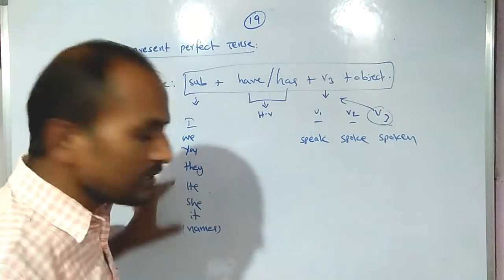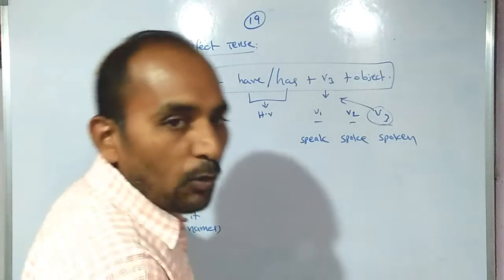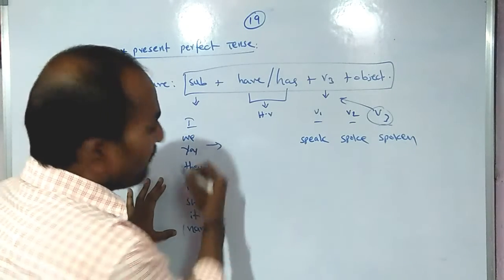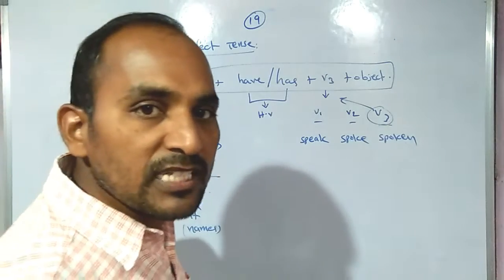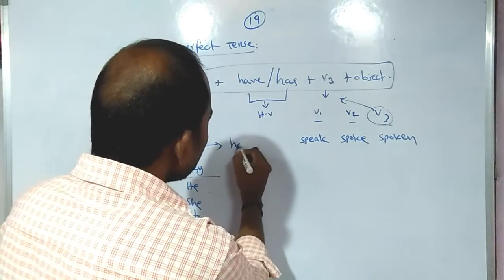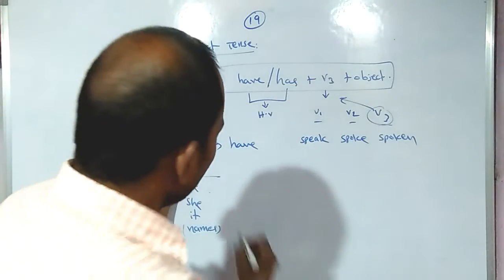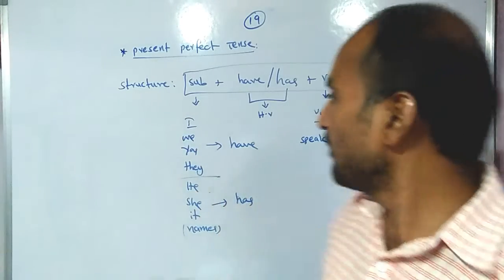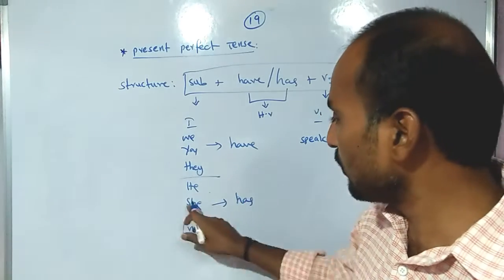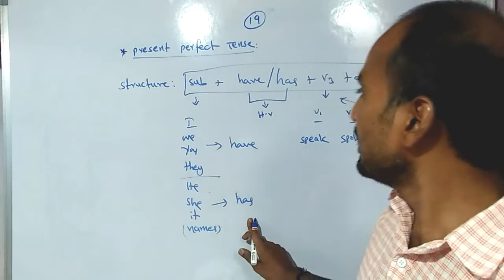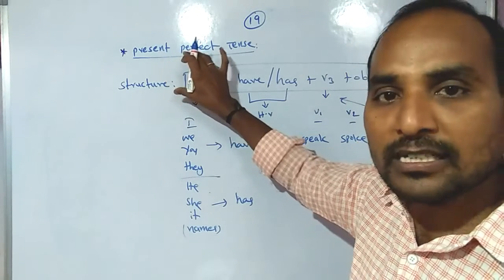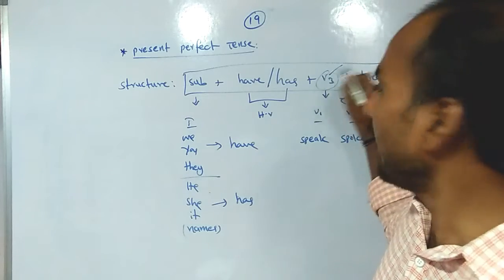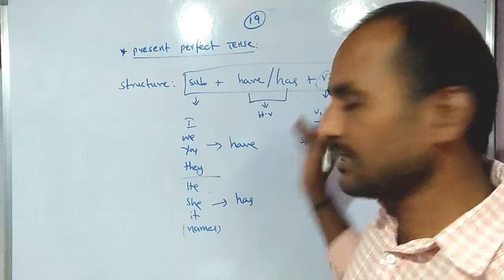We have these total subjects, and we have have or has. First of all we divide I, we, you, they. When we use these subjects, we have to use have. When we use these subjects, we have to use has, in framing the sentences. With the help of this, continuously we take a V3 form and object. According to the situation we take the object.